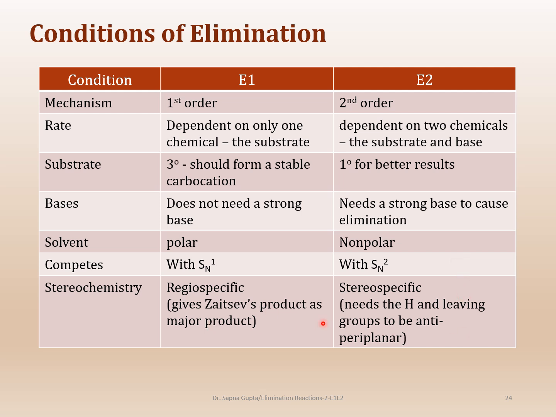And then we talked about stereochemistry over here, giving Zaitsev's products and whatnot. Anyhow, these are just the conditions and mechanisms. We have to decide ultimately what substrate we want, and whether this reaction is going to be good for us to give us the product we need.